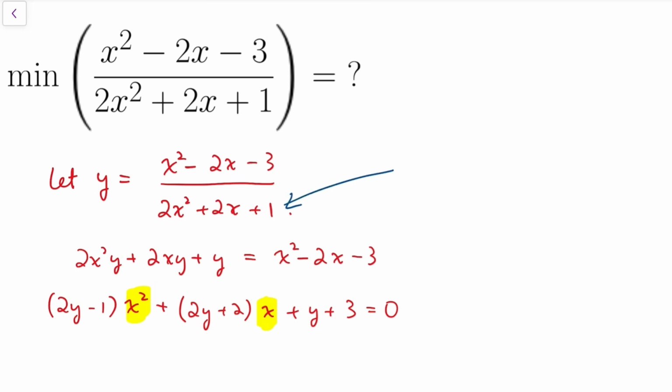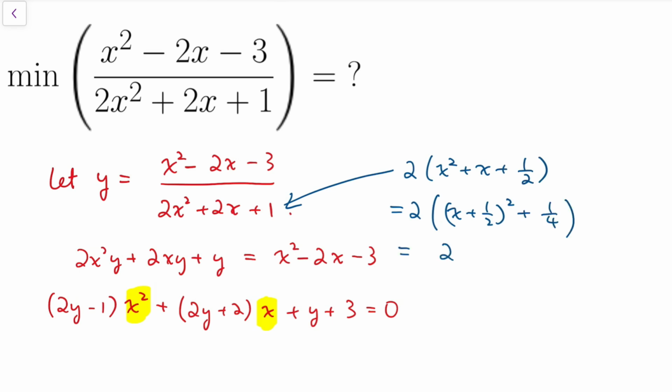Now notice that the denominator of the rational function, 2x squared plus 2x plus 1, can be rewritten as 2 times (x squared plus x plus a half), which can be further written as 2 times ((x plus 1/2) all squared plus a quarter), which gives 2 times that perfect square plus 1/2.